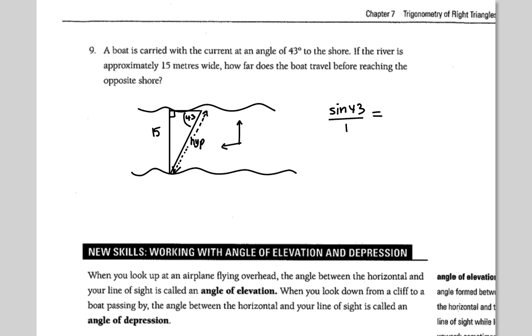Not a big deal. You won't get questions with boats and currents. This is a little bit too challenging to set up for this course. So it's 15, the opposite, divided by the hypotenuse, and it's the same style. Straight across the 90, that's your hypotenuse. So 15 times 1 divided by sine 43, and it's 22 after rounding.